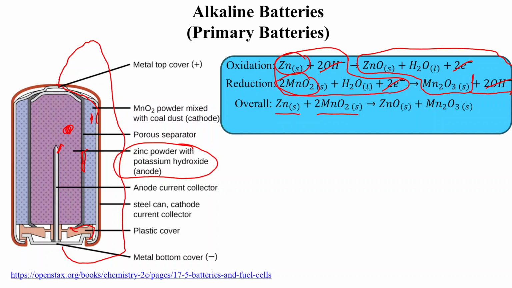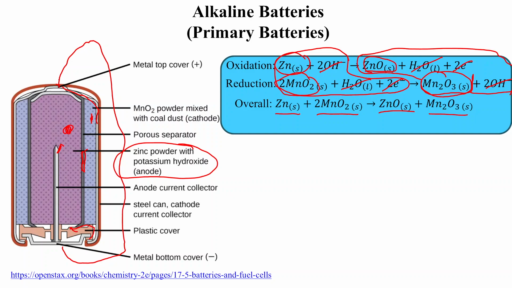So in a sense, it's a little bit like a catalyst. Then we can have our water that is being consumed here, but then also being produced there. And so when it's all said and done, all we're left with is our zinc plus manganese oxide forming zinc oxide and Mn2O3 for the overall thing.